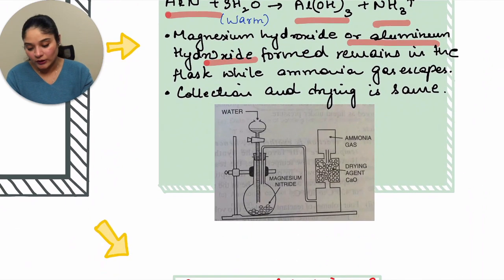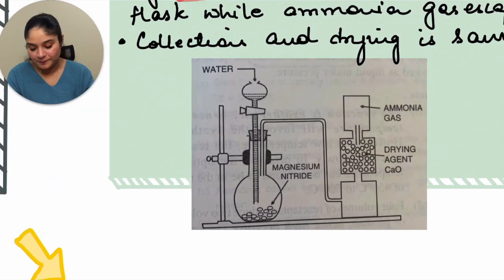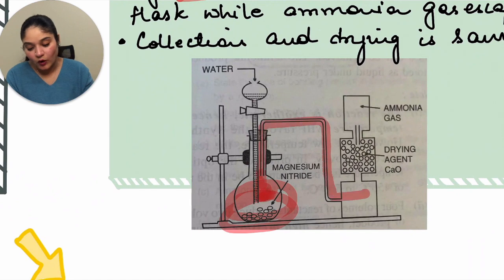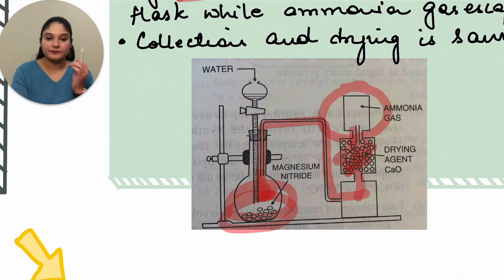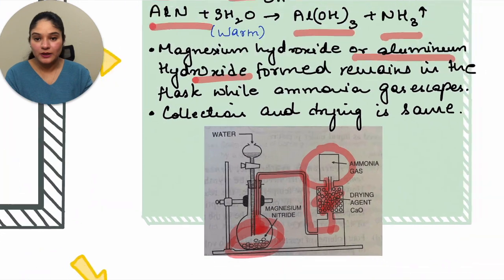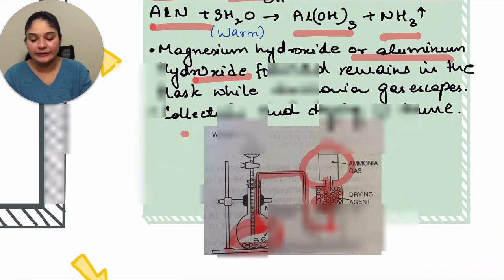So if you look at this diagram right here, you have magnesium nitride here. Your magnesium hydroxide is formed, but it stays in the flask. What goes out is only ammonia gas. Then you have the drying agent right here, and the ammonia gas is collected over here. Now, collection and drying is the same as the previous experiment that we did.